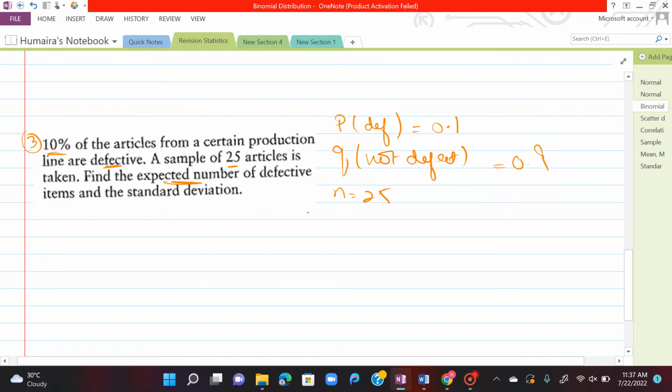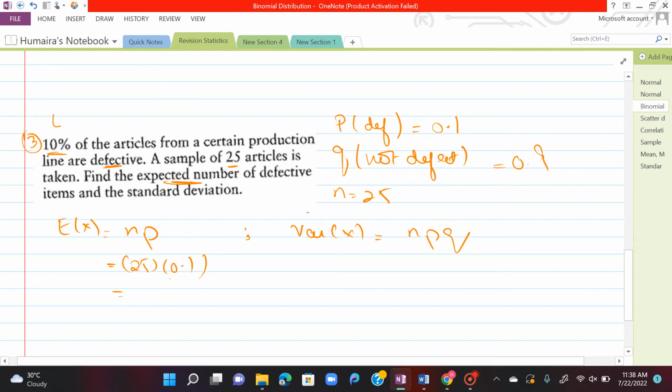So first I need to find the expected number, which means the average, which is NP, and the other thing I need to find is the standard deviation. So the best is first I find the variance and then I take the square root. So this is NPQ. Now I have N, P and Q, so it's quite an easy question. You just need to put N as 25, P as 0.1, solve it, you will have the answer.